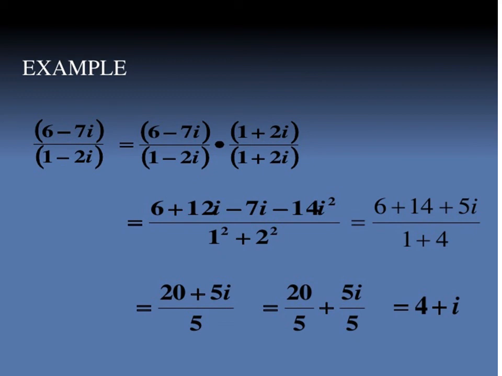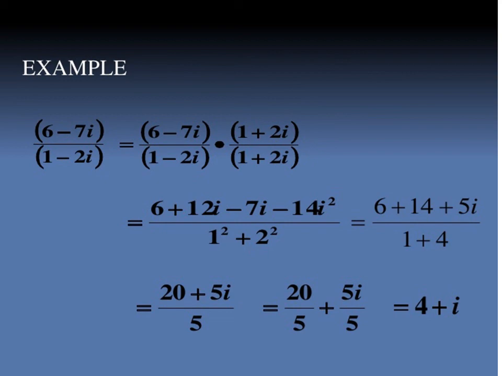Let us see the numerator, 6 minus 7i into 1 plus 2i. Multiply these two brackets, and in the denominator, 1 minus 2i and 1 plus 2i, these two brackets we have to multiply separately. In the numerator, multiply 6 by the bracket 1 plus 2i.